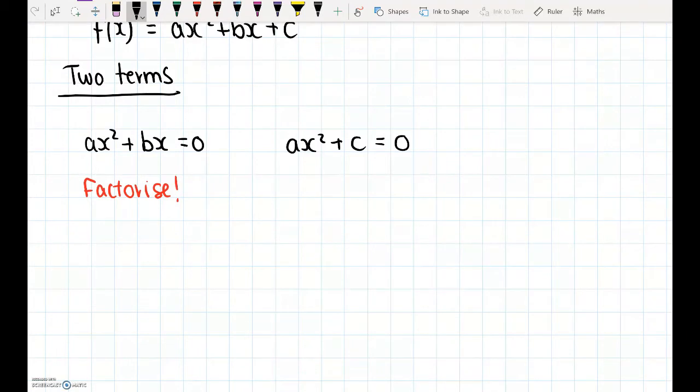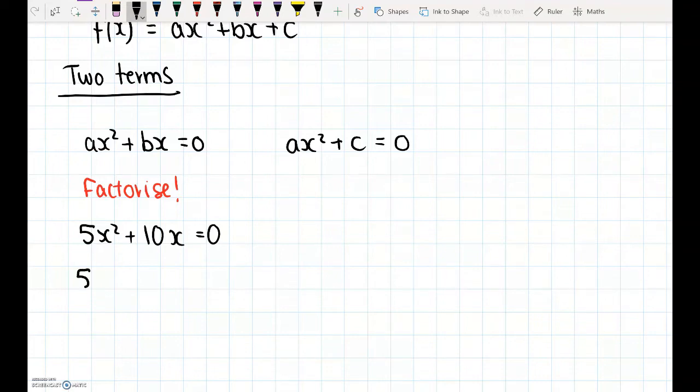So an example. If I had 5x squared plus 10x is equal to 0, then we can factorize. This is the one most people tend to get a bit confused about. They look at these and go, oh, I don't know what to do. But straight away you should be able to see that 5 and x are factors of both 5x squared and 10x.